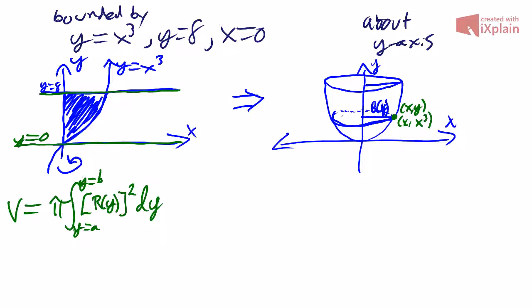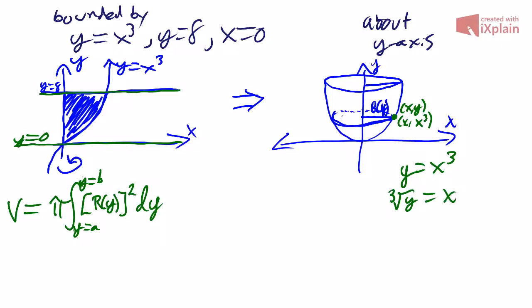All right, but now we said we wanted everything in terms of y, so we want to change this again. We can do that because we have a relation between y and x, and that's y is equal to x cubed. So we can solve for x by cube rooting both sides.